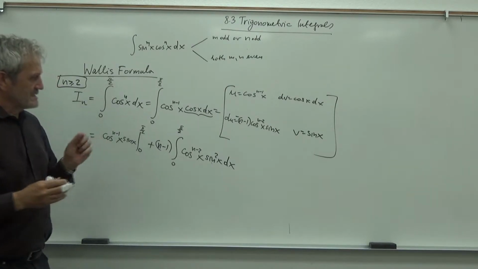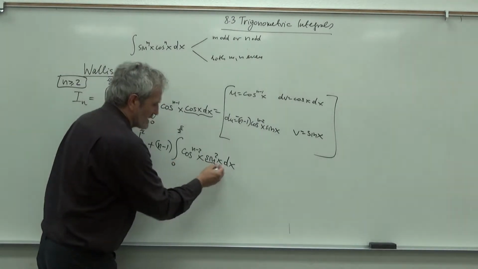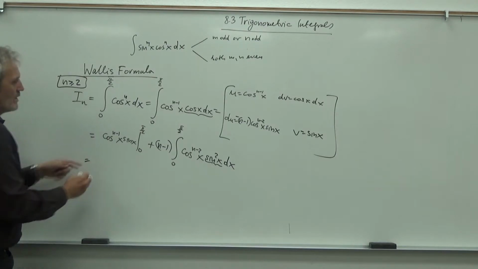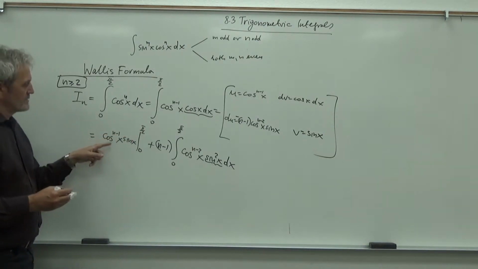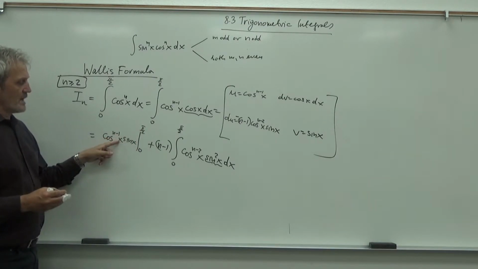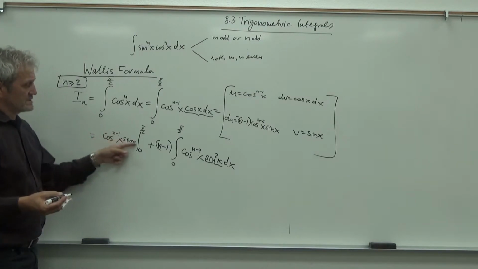And then here is an interesting trick. Using trig identities, we'll treat sine squared x as 1 minus cosine squared x. But along the way, we'll just calculate this value here. When x is pi over 2, cosine of pi over 2 is 0, raised to a positive power, so that's all 0.